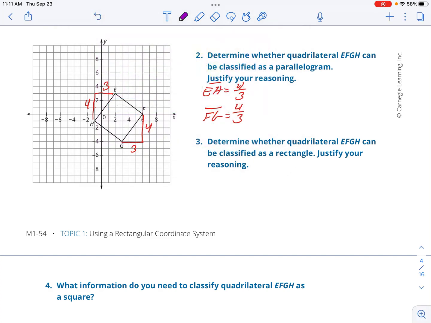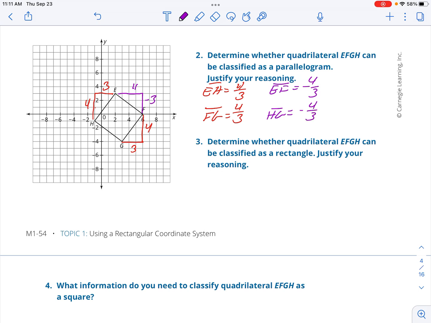I have to have 2 pairs of parallel lines, so for EF, calculate its slope. I went over 1, 2, 3, 4, I went down 1, 2, 3, and rise over run, I get negative 4/3. All right, do the same thing for HG, and when you do that, you get negative 4/3 again.